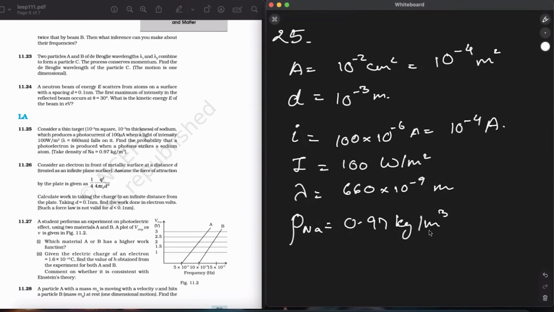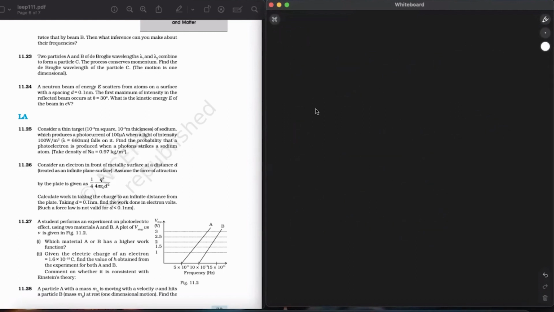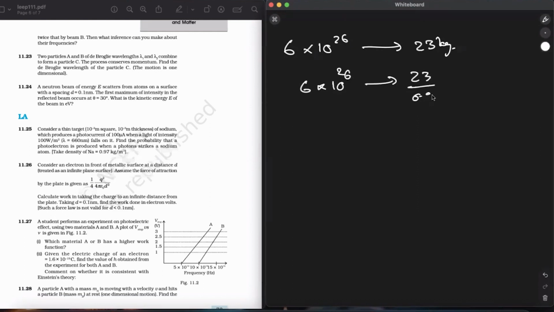So how can we do this question? We already know that 6 into 10 to the power of 26 atoms of sodium will weigh 23 kilograms, right? Since the density has been given to us, the volume of 6 into 10 to the power of 26 sodium atoms will be 23 divided by 0.97 meter cube, divided by density.